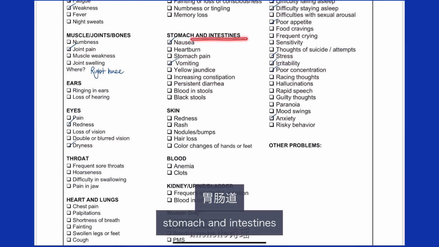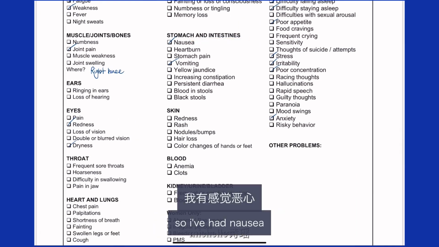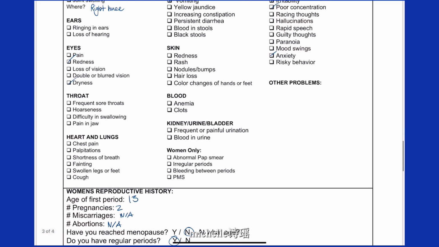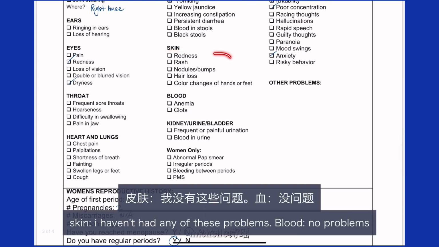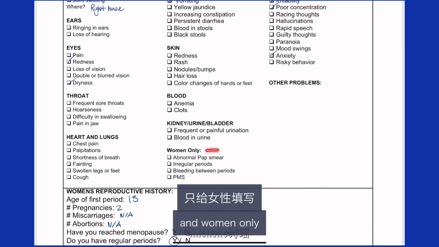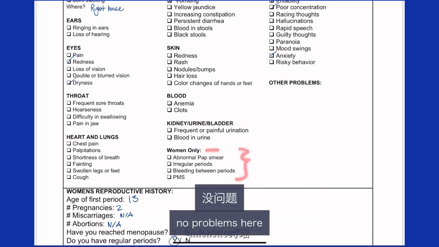Stomach and intestines, so I've had nausea and I've had vomiting. Skin, I haven't had any of these problems. Blood, no problems. Kidney, urine, and bladder, no problems. And women only, no problems here.